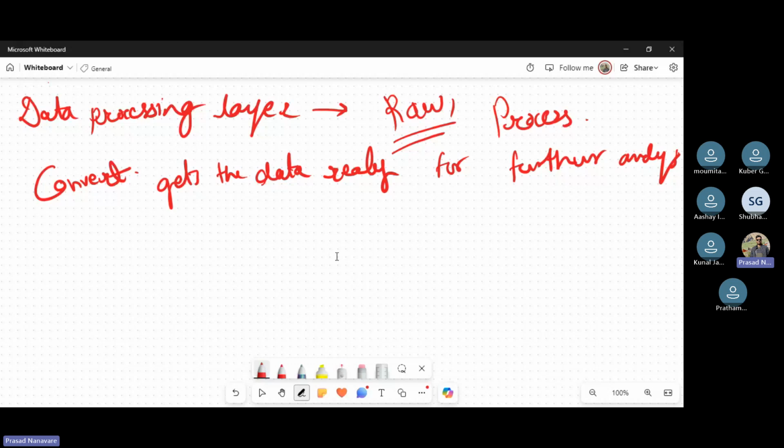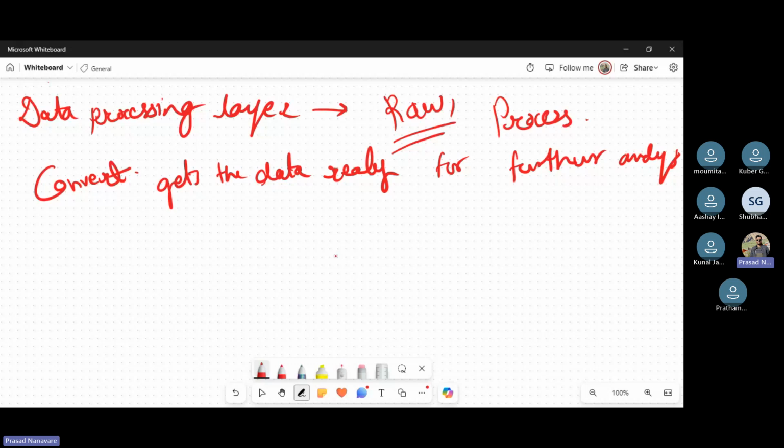Also, these tools are used to extract meaningful insights from the data and make decisions based on data. For example, a technology used in the data processing layer is a data lake, which is a centralized repository for storing raw data from IoT devices.